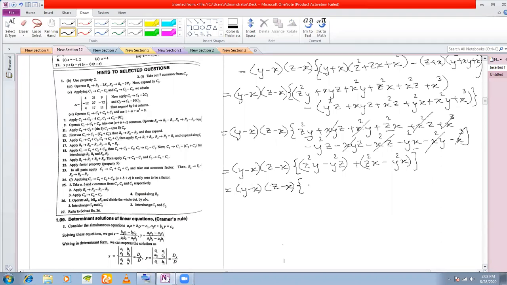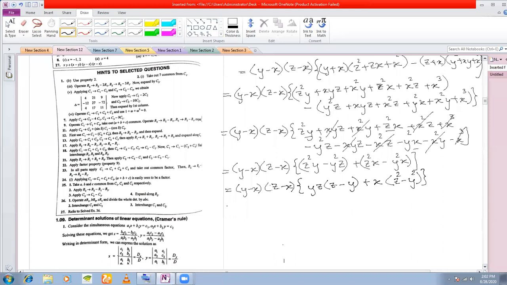And from here you can get yz common, isn't it? Yes, sir. You get z minus y. And from here x common. So you get z square minus y square.